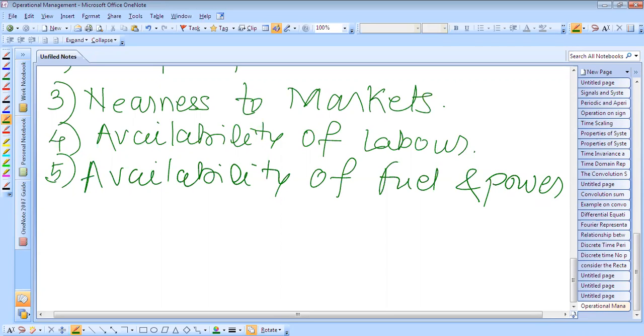Even then, the steel industries are located near the source of fuel to cut down the fuel transportation cost.